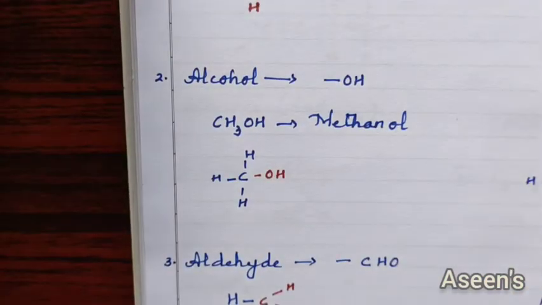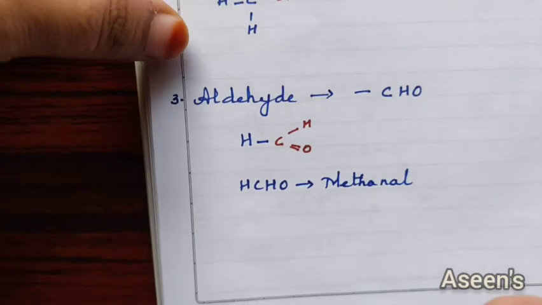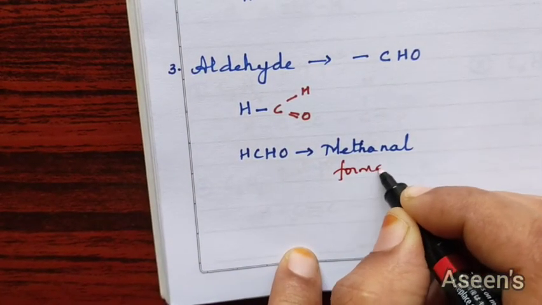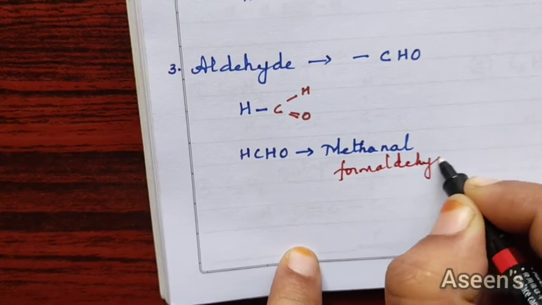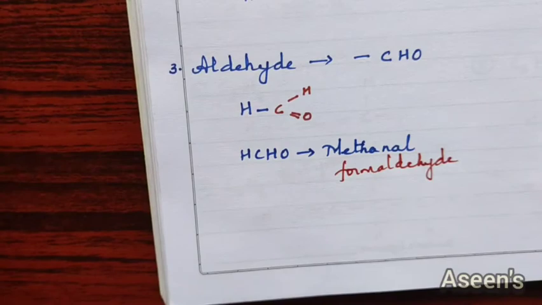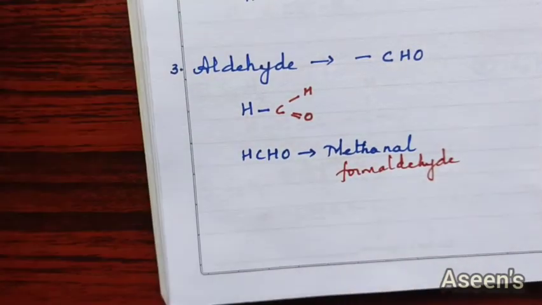And one more thing I need to tell you is about the aldehyde. Methanal is also known as formaldehyde. These are some common names which you need to remember. Sometimes instead of asking you methanal, they can ask you formaldehyde, just to test your knowledge. So it's good to remember some other names.